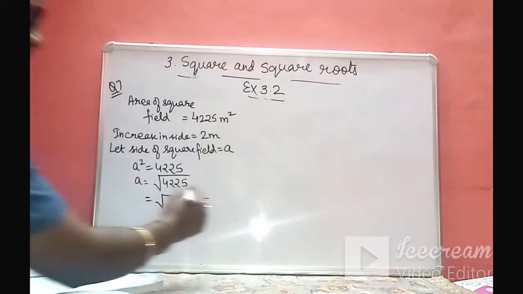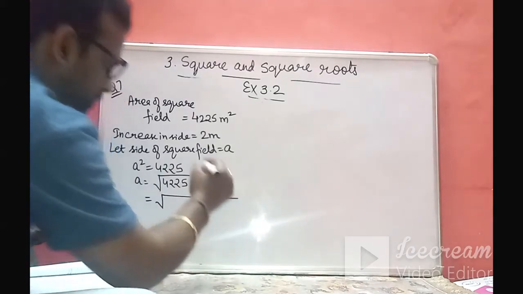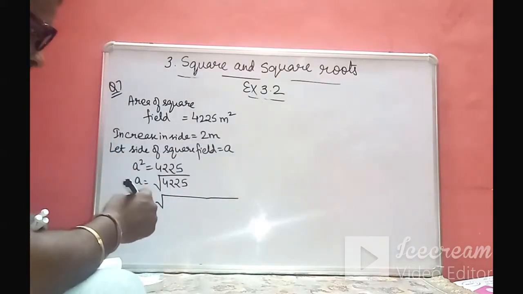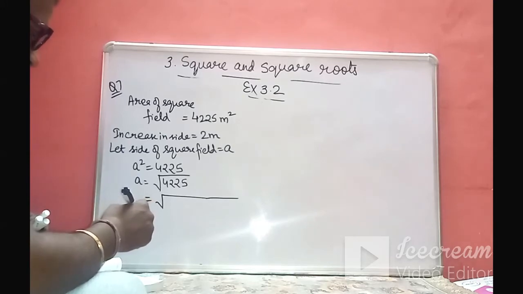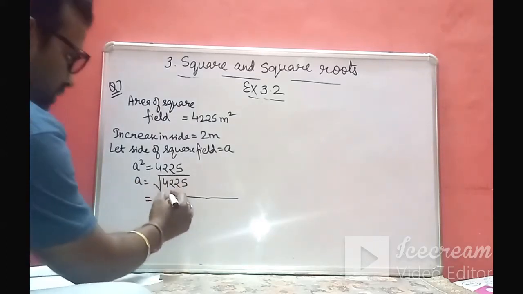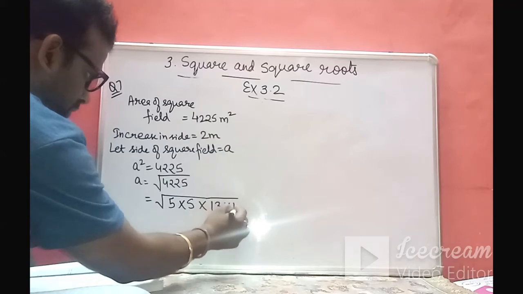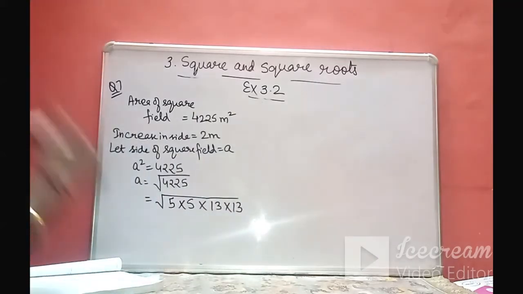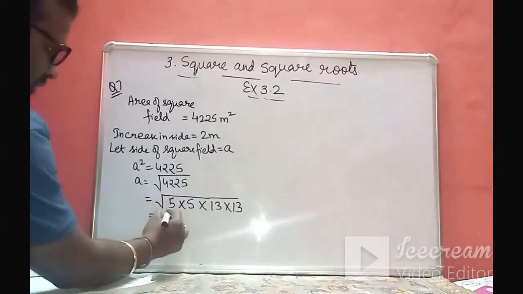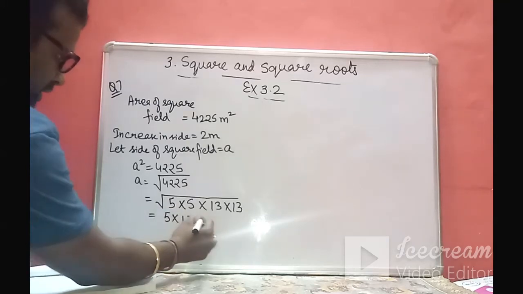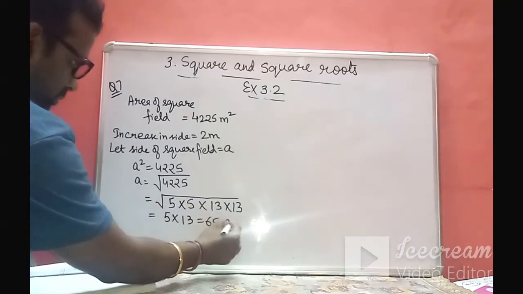The prime factorization I am leaving to you, you just do it. So it is 5 into 5 into 13 into 13. Okay, so what is our value? Our value is 5 into 13, that is 65 meters.